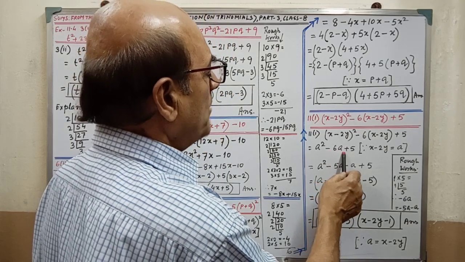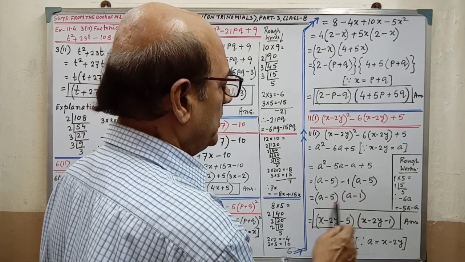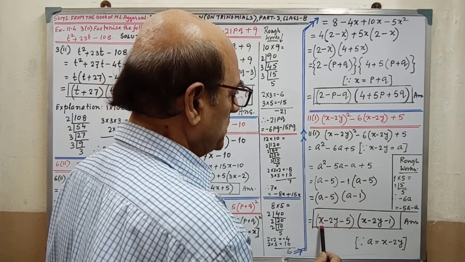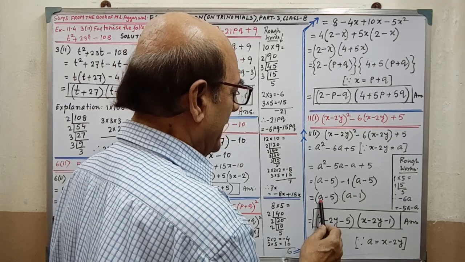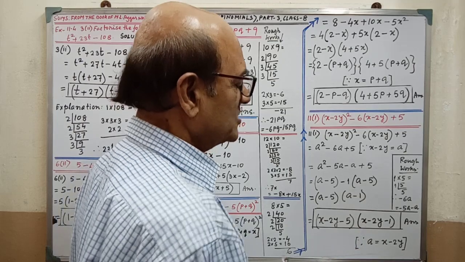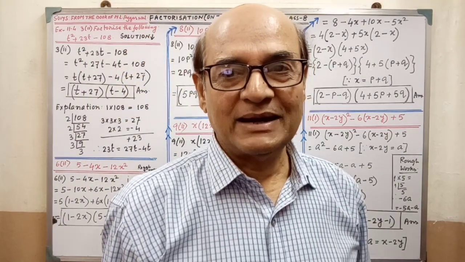So in place of minus 6a we are writing these two terms. Then we have to take common. After taking common we are getting this. Then at last we have to put the value of a. In place of a we are writing x minus 2y minus 5, x minus 2y minus 1. This is the answer. Sum is completed.